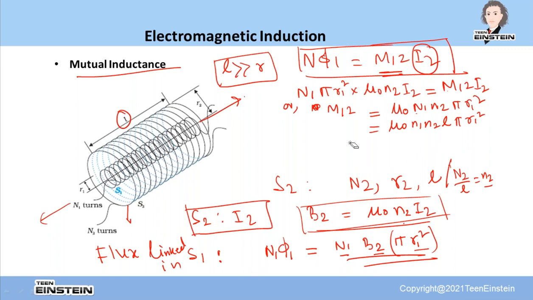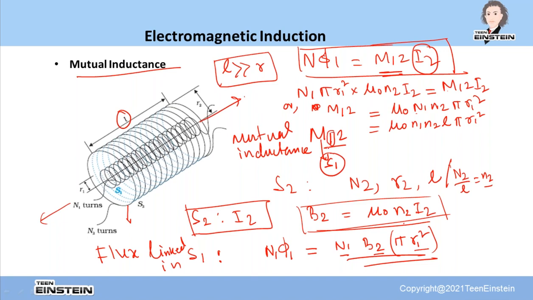And see, I have written M12. What does this mean? This means that mutual induction is happening here, and the coupling constant is called mutual inductance. This is called mutual inductance of the coil or solenoid S1, that is the index here.